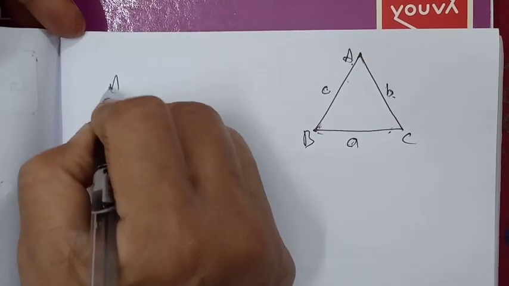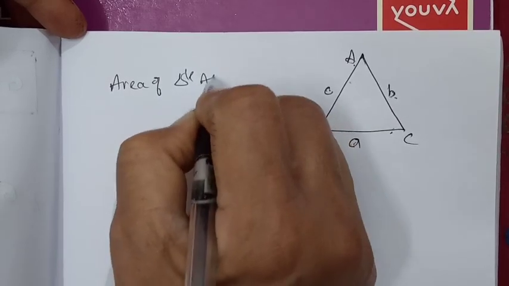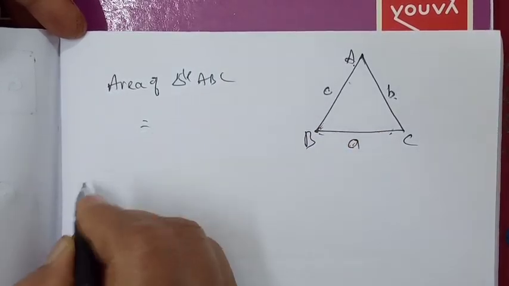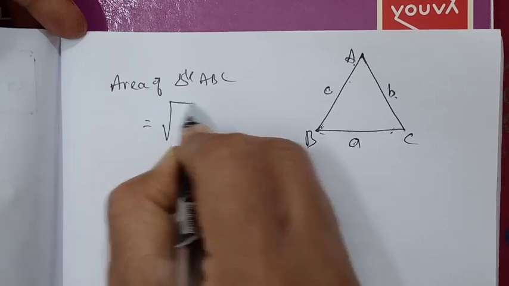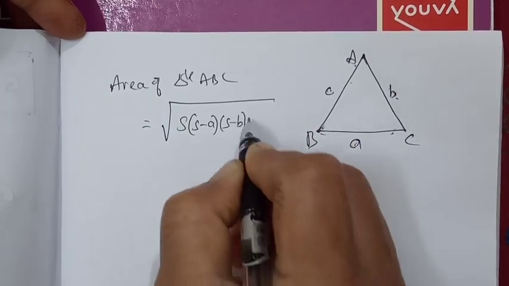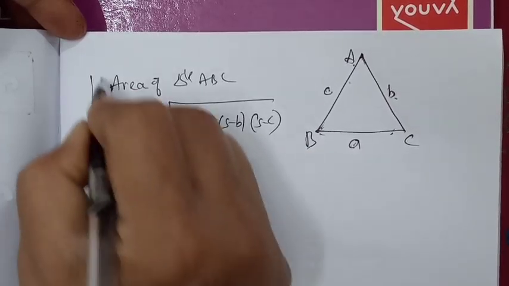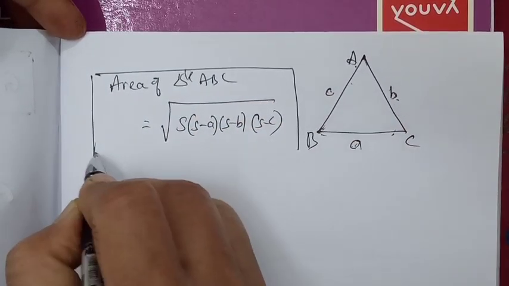Then how will you find the area of the triangle? Area of triangle ABC is equal to under root s into (s minus a), (s minus b), (s minus c). This is the area of the triangle when the lengths of the sides are given.